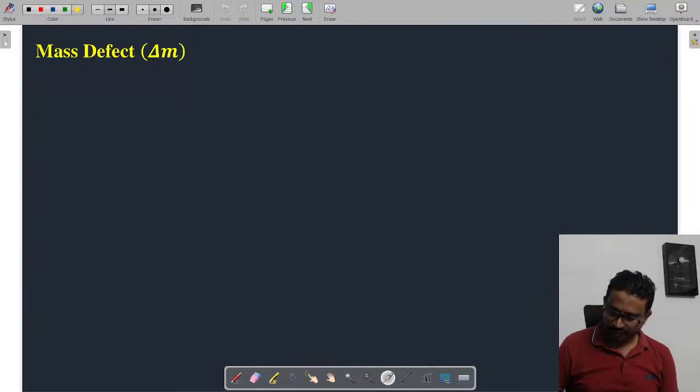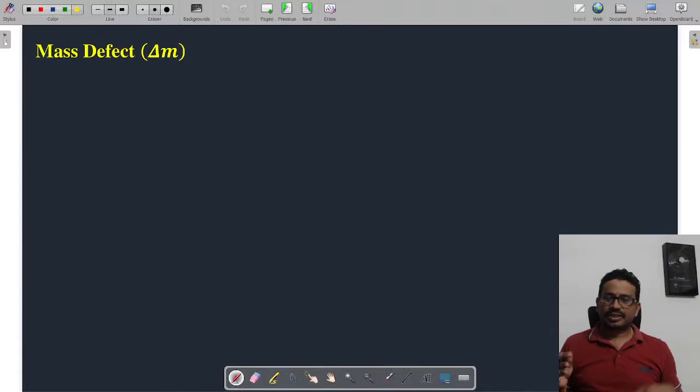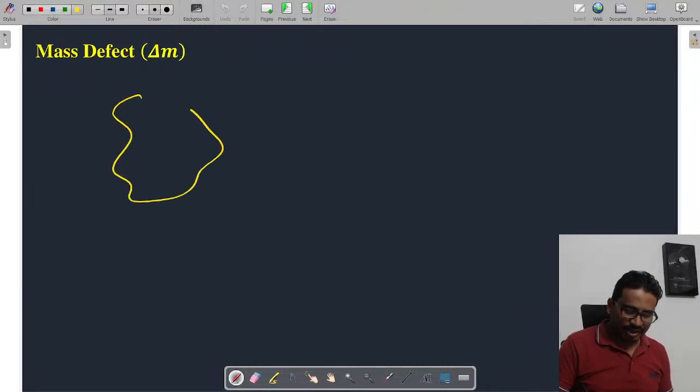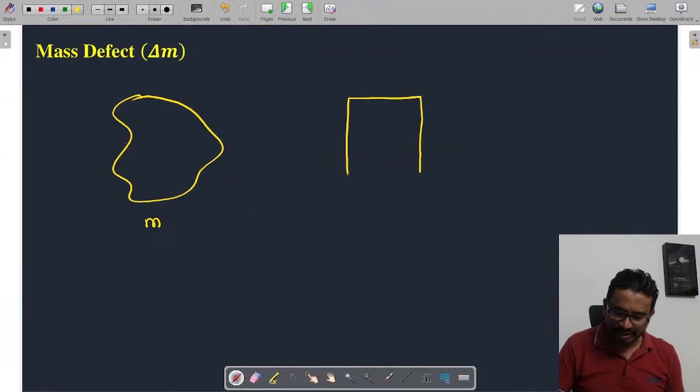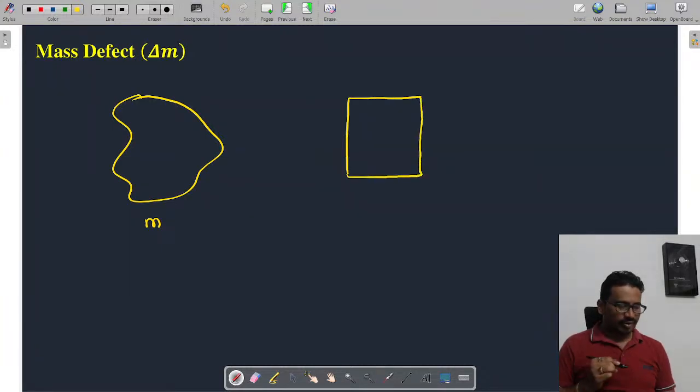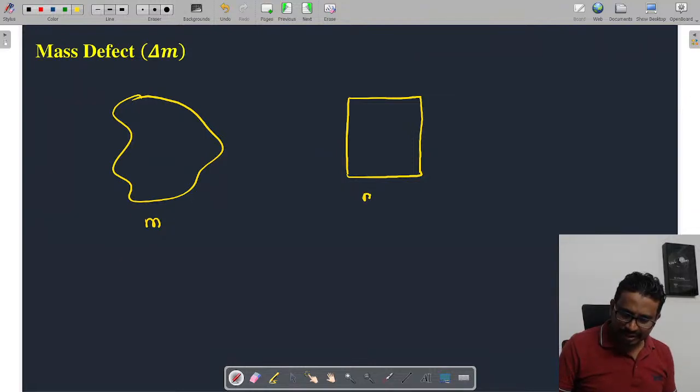So this mass defect means, for example, you have taken some material. It has certain mass m. You have designed one doll or something, and this mass is m dash.